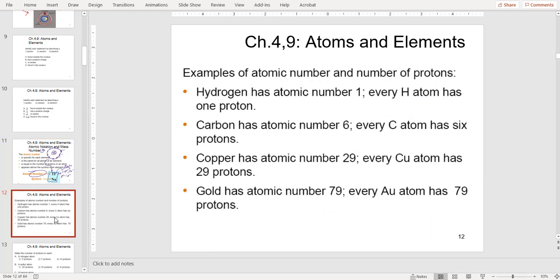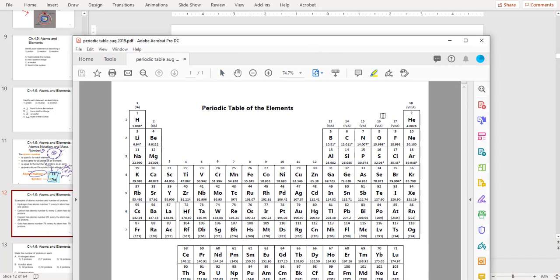So you should automatically figure out the number of protons and electrons based on the atomic number. So for example, oxygen has an atomic number of 8, so it's got 8 protons and 8 electrons. Unfortunately, based on the periodic table of elements, you cannot immediately figure out the specific number of neutrons.